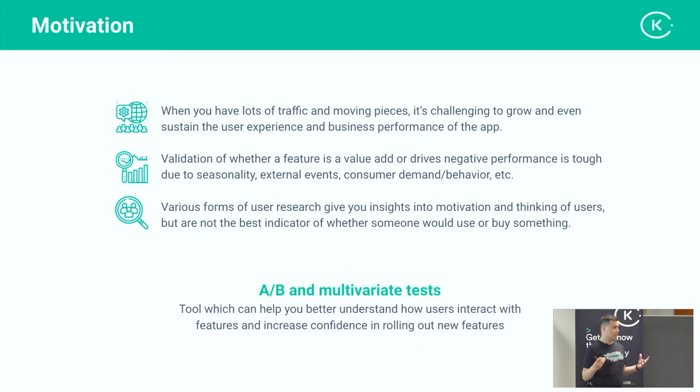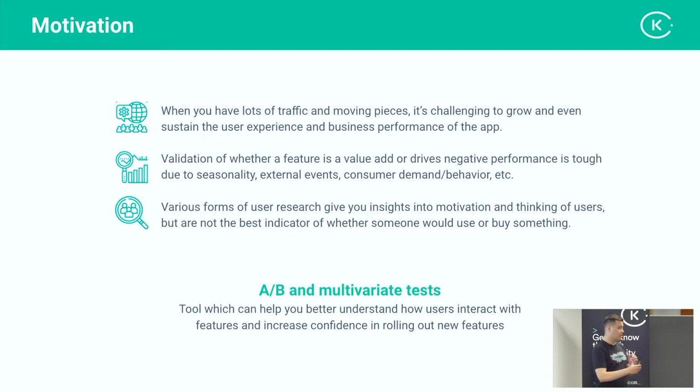And why am I even talking about this topic? A/B testing, especially at Kiwi, is pretty important because it gives you the ability to make sure that the features you're launching are actually performing on the metric that you want them to. The thing is, like with any kind of scale up or any environment with a large volume of users, it's really tough to know what kind of impact whatever you launch is going to have.